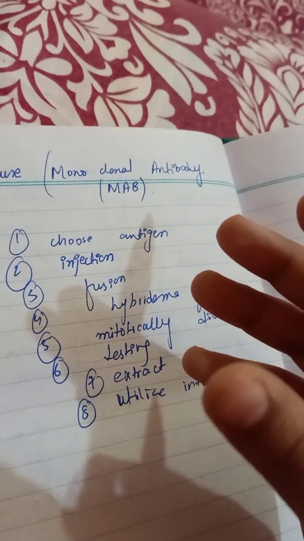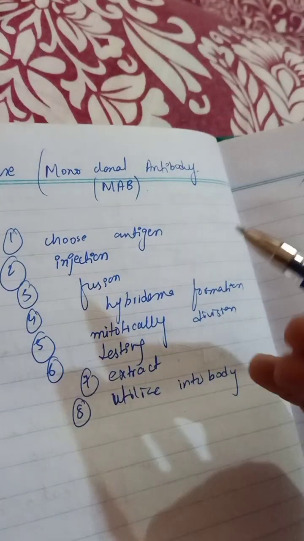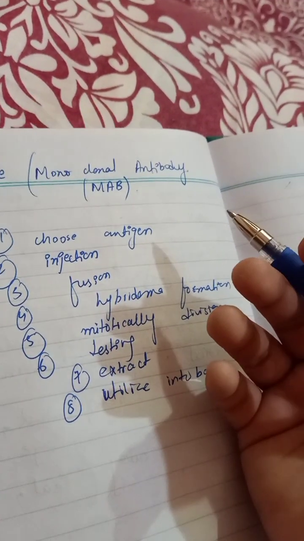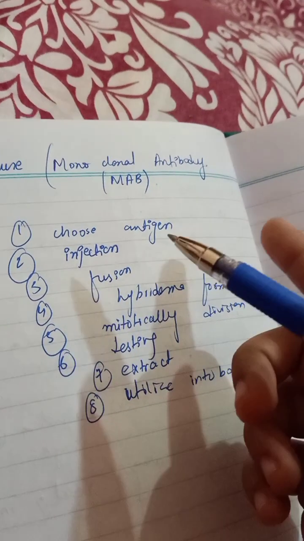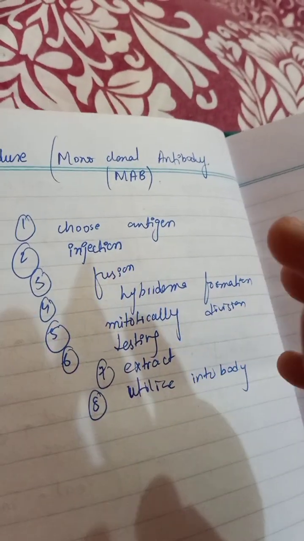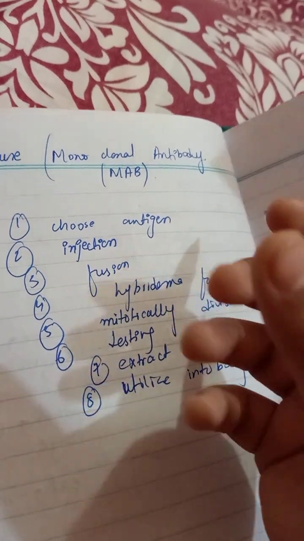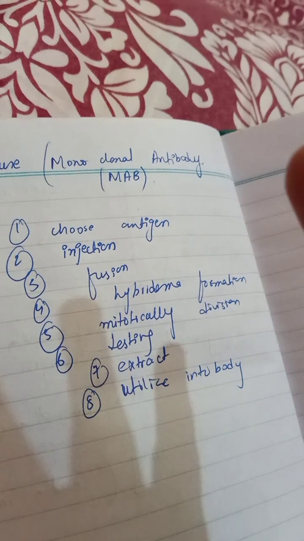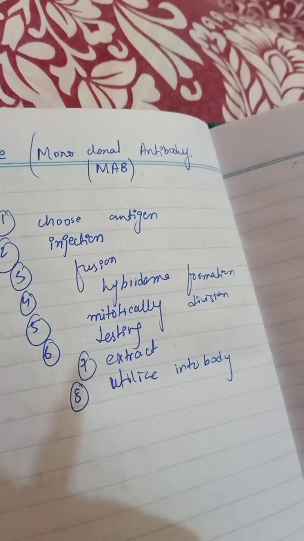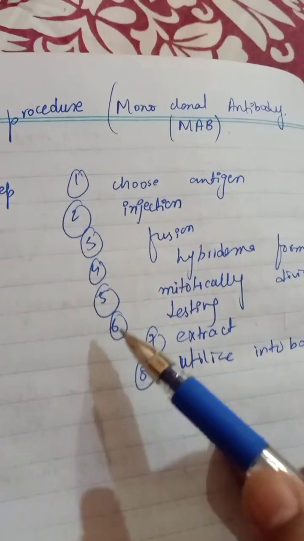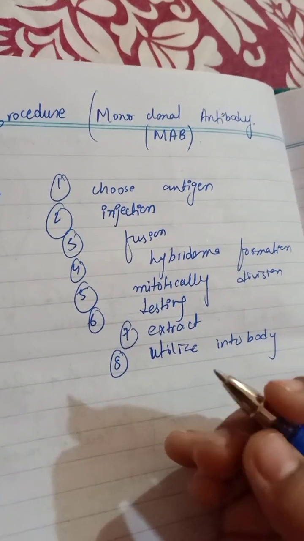So what we do is make the monoclonal antibody in another, non-human organism, and after that we extract the antibodies from it and utilize them in the body on which the snake has bitten.